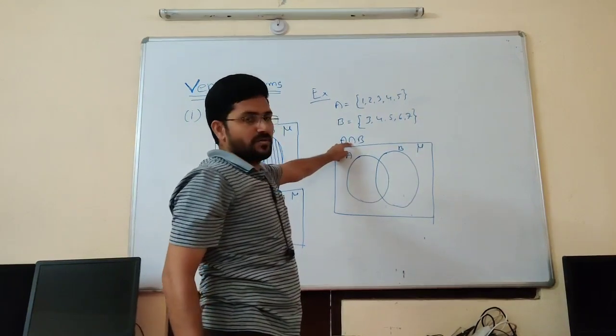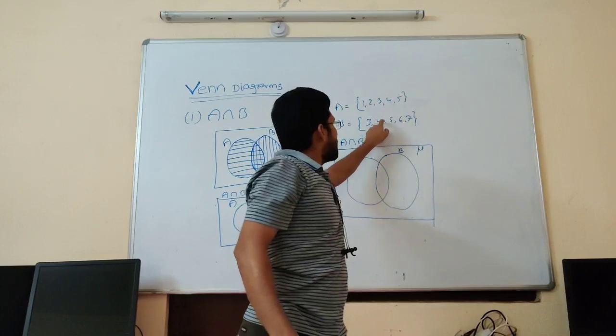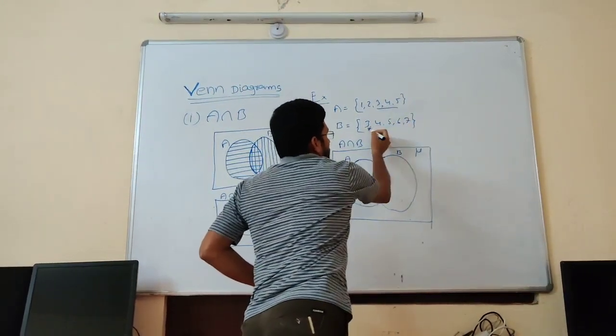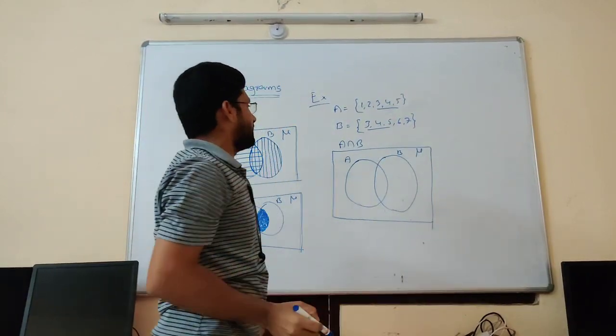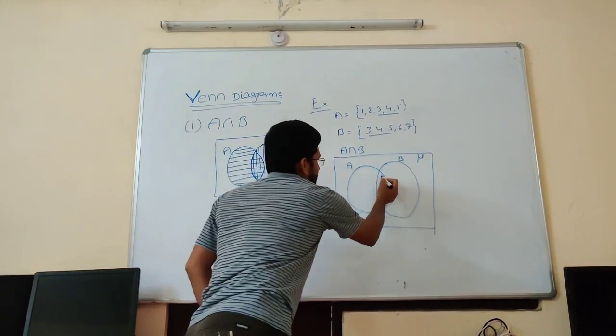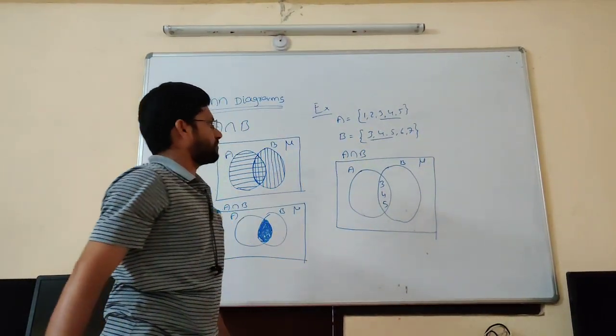Which are the common elements here? 3 is there, 4 is there, and 5 is there. These elements are common in both sets, so first you represent the common part of these sets. Here you can take 3, 4, 5.